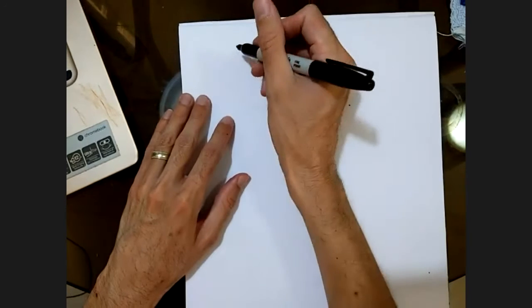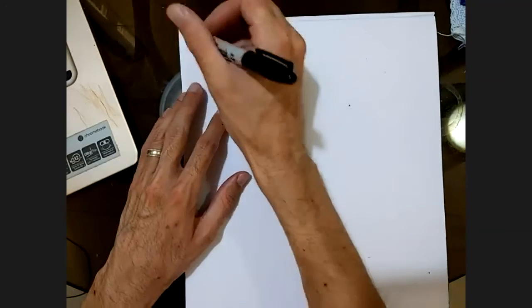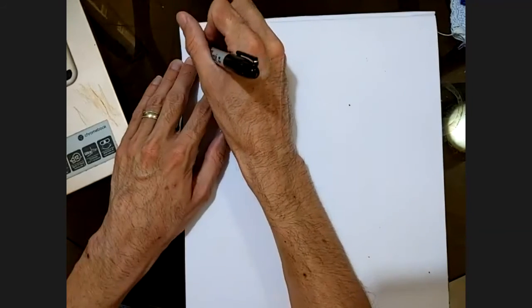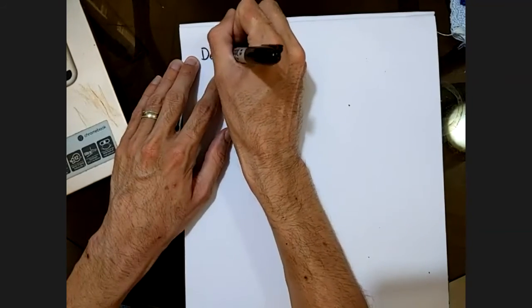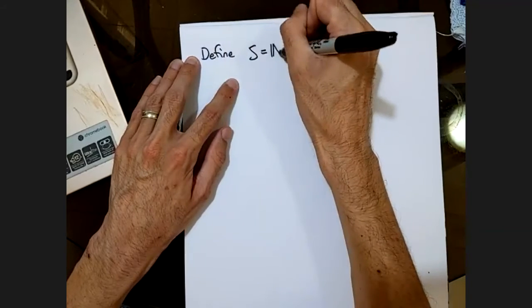So first we might construct a set S. Let's define S to be the set of all ordered pairs of natural numbers.